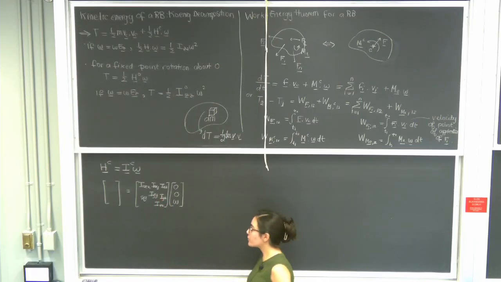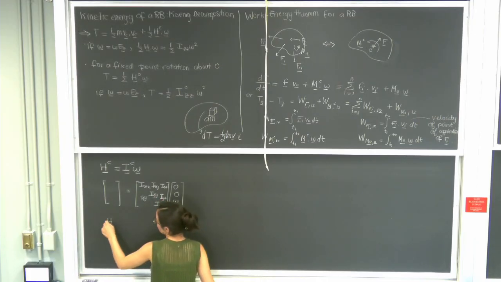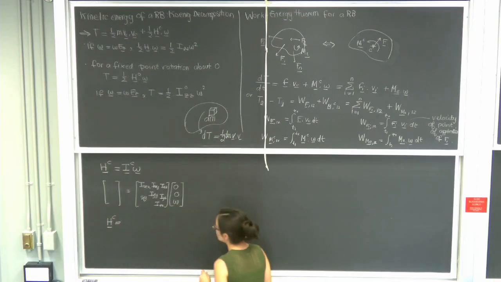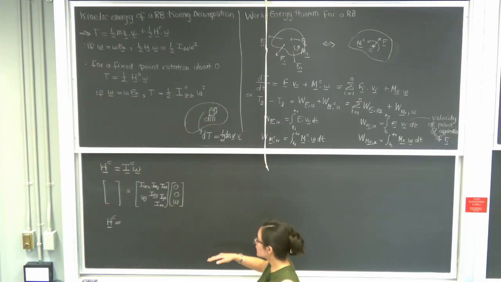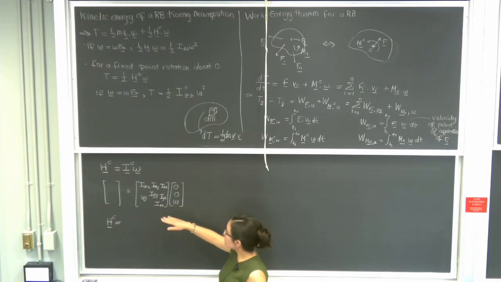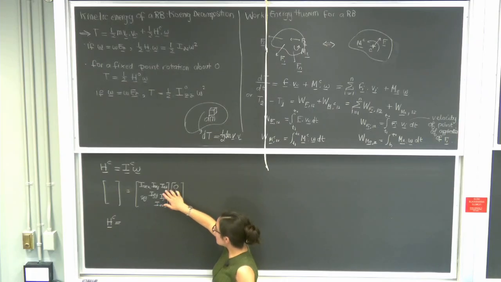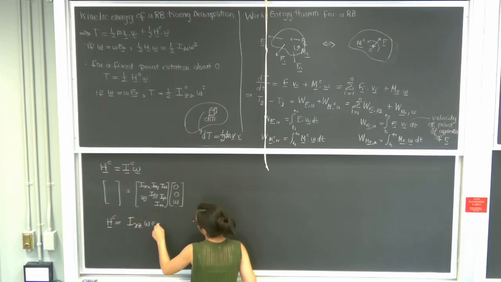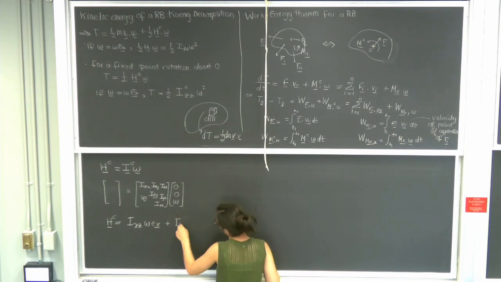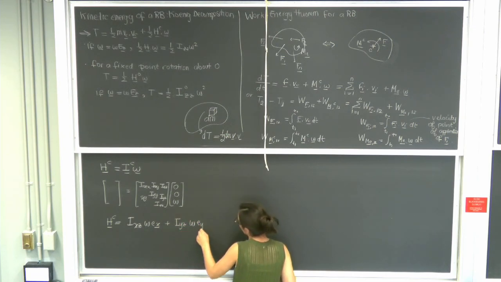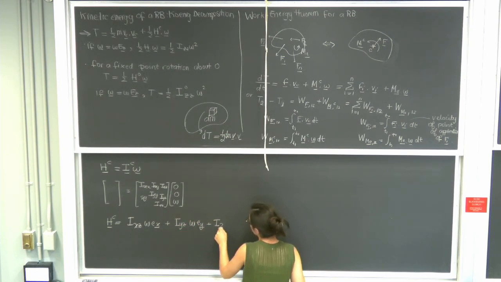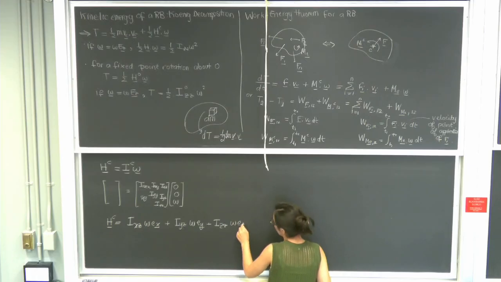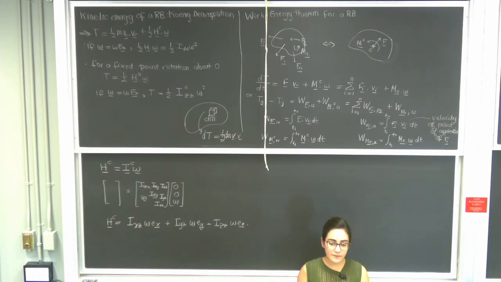If omega is just along EZ, then HC becomes Ixz omega EX plus Iyz omega EY plus Izz omega EZ. Is that correct?